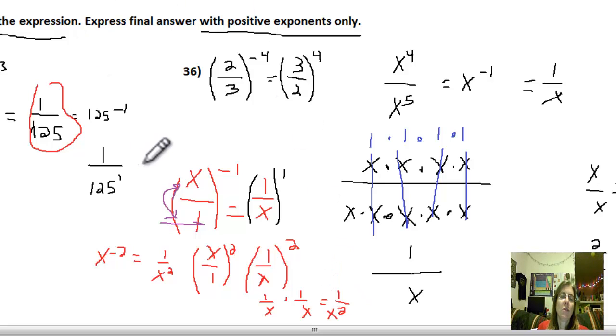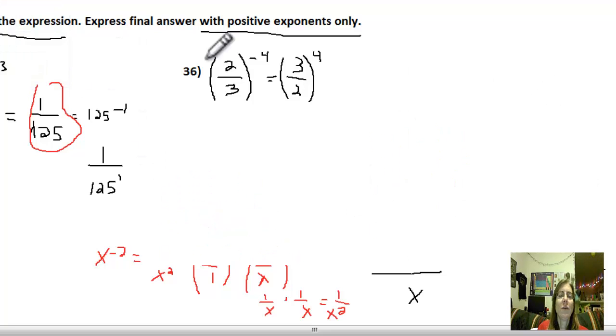Okay, if you can follow along, let's clear some of this up. What we have here is we flipped the fraction, and we have it to the 4th power, a positive now. So flip, make it positive. Let's spell out what it means.